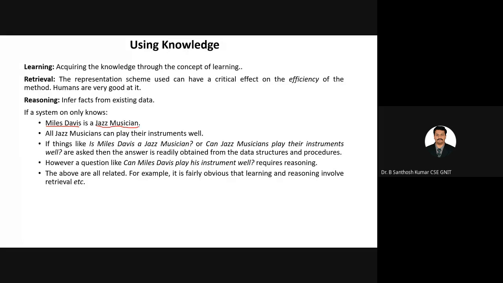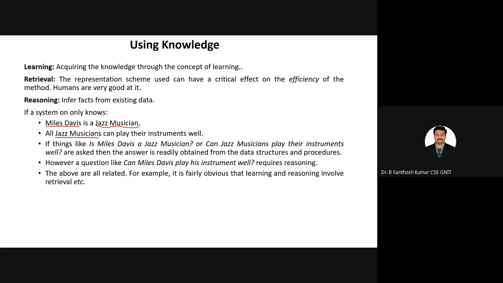The next statement tells that all the jazz musicians, and all the jazz musicians also includes Miles Davis. So we can tell that Miles Davis can play his instrument well. Here the first one they are giving us is that Miles Davis is a jazz musician, or can jazz musicians play their instrument well? Or asked, then the answer is really obtained from the data structures and procedures.